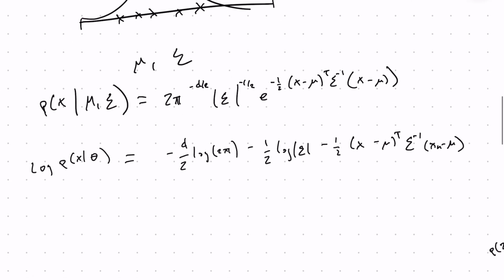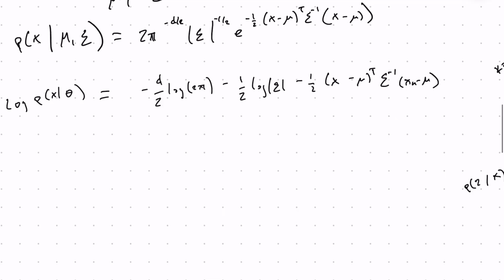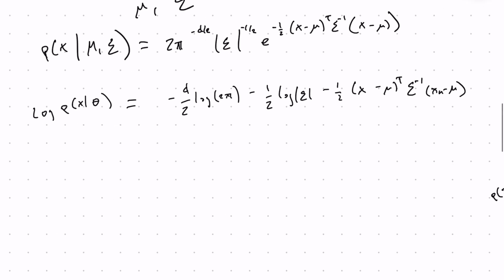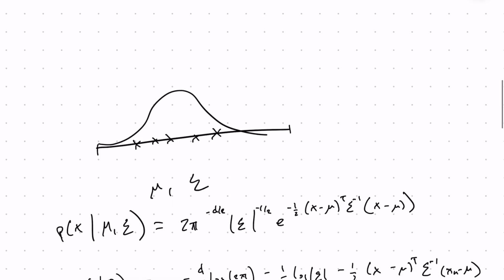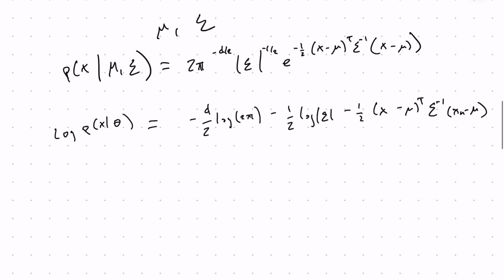Okay, so that's just taking the log of this, nothing super extraordinary here. And then we want the likelihood over the whole data set, so we're just multiplying over the whole data set.